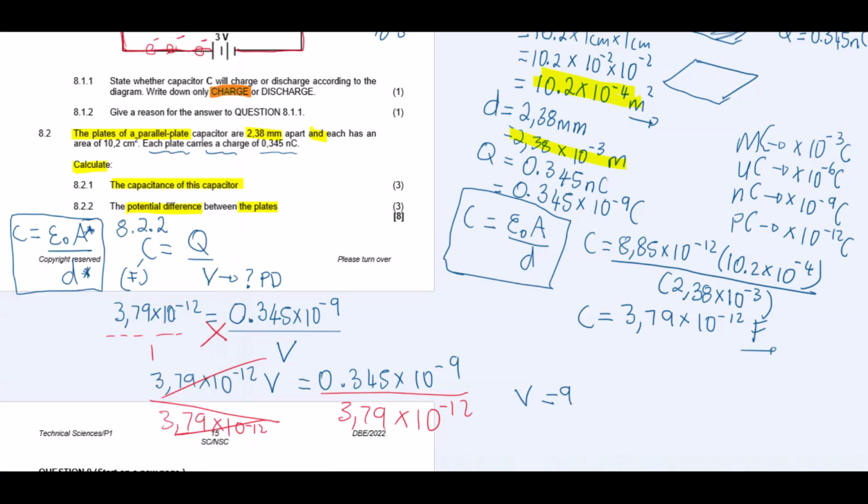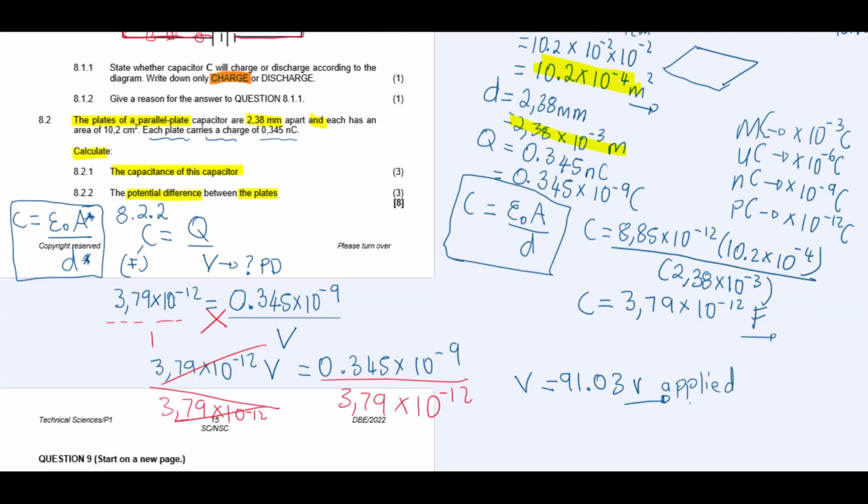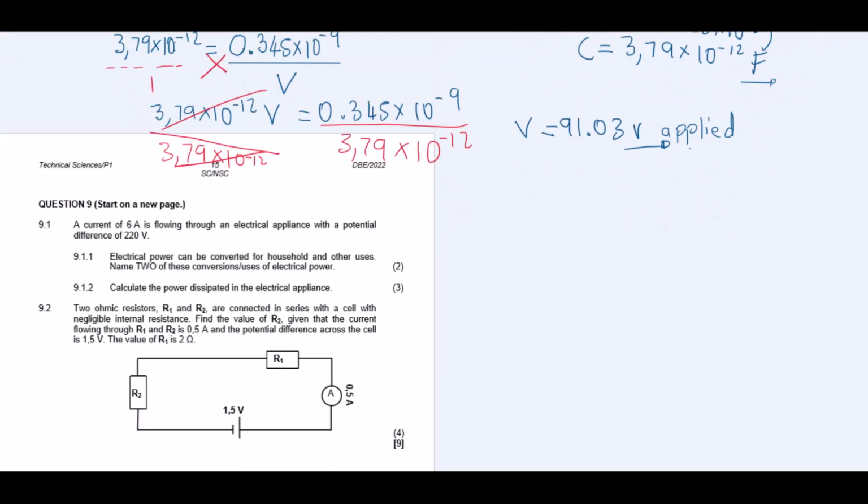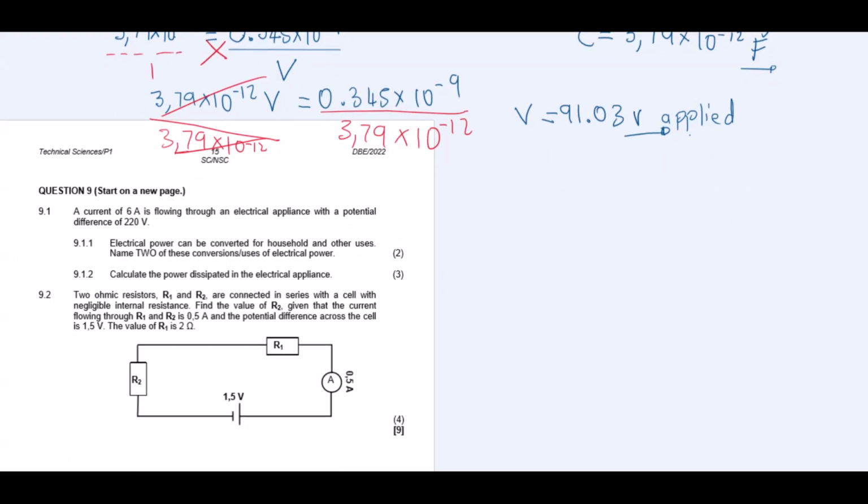That's good, we got the answer. Let me check the answer. It's 91,03 volts. Yes, we do have the voltage that was applied. Normally it's the voltage that gets applied. So this is the voltage applied, the potential difference.